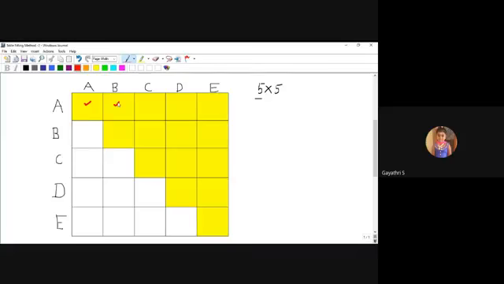Why? Because here one more pair is A B. This is also A B, and this is also A B. A comma B is equivalent to B comma A. So as per your table filling method, A B is equivalent to B comma A. So actually this is the repeated one, and I just neglect this one.